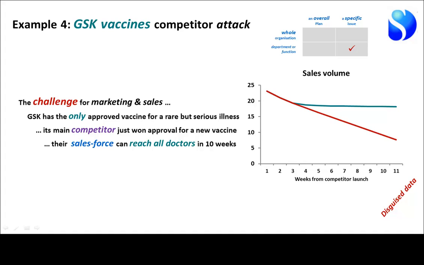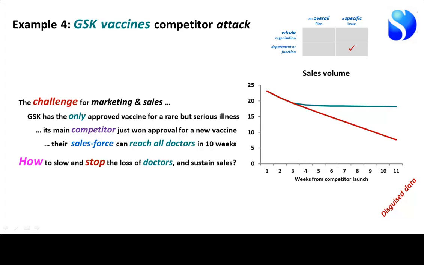And with the likely success rate, what's going to happen to the company's sales volume is it's going to follow the red line on the chart to the right. So we're just going to lose doctors and we're going to lose sales. So the challenge here is how to slow and stop the loss of doctors and sustain sales.